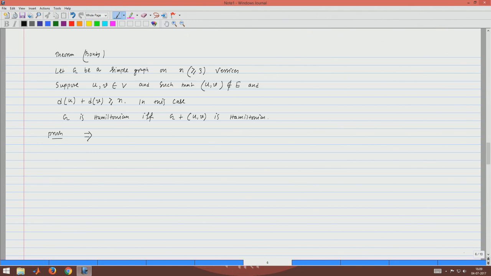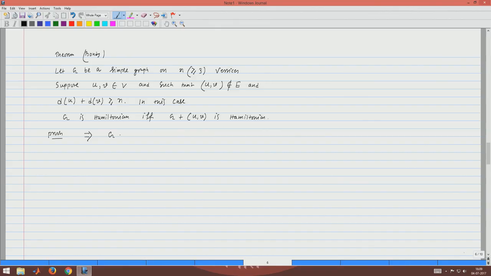This is obvious because if you add one more edge in a Hamiltonian graph, the graph will remain Hamiltonian. So, there is nothing to prove here. If G is Hamiltonian, then obviously G plus uv is Hamiltonian.